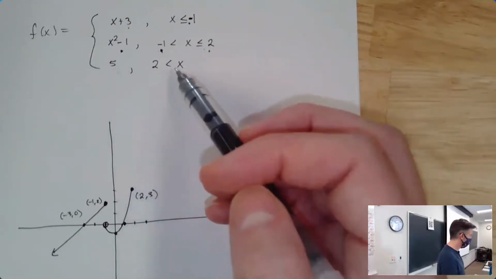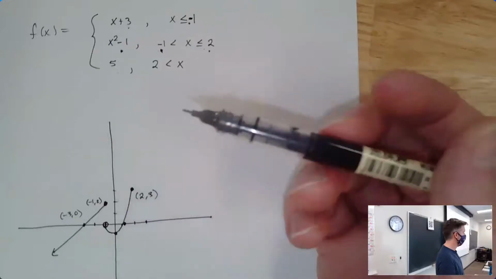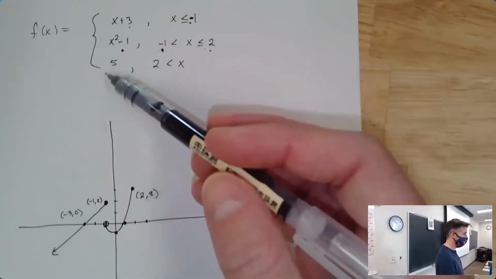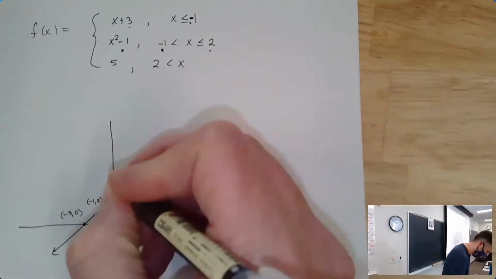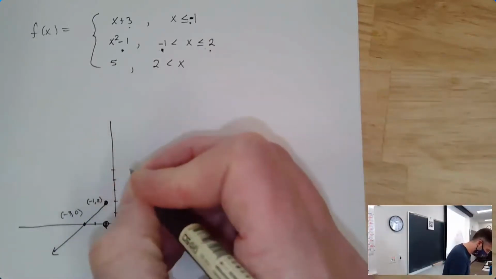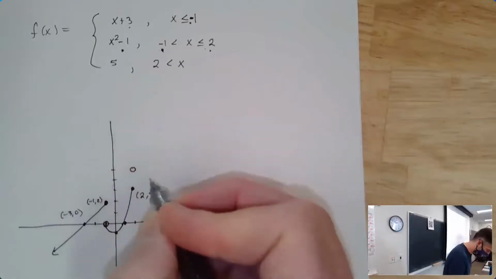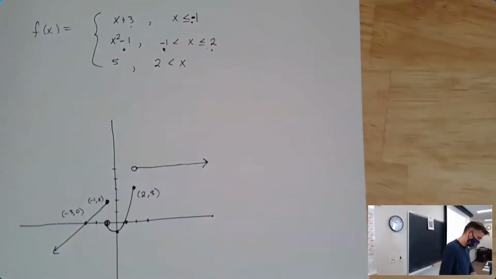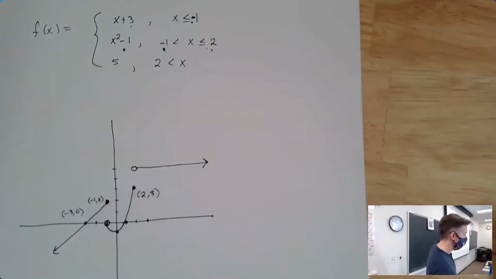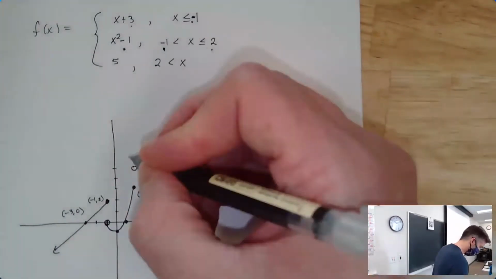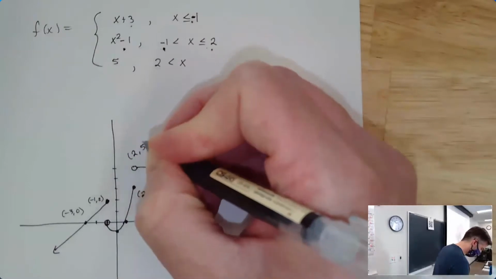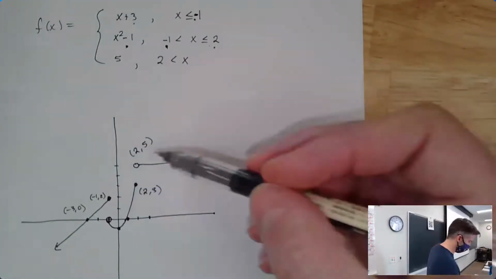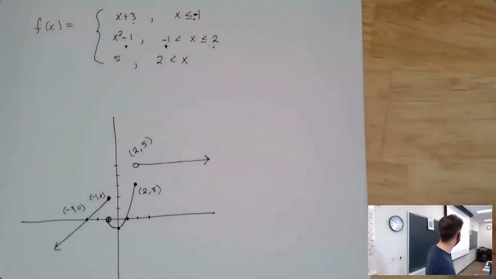If I plugged in x equal to 3 or 4 or 7 or a billion, the thing I'm always getting out is 5. There's nowhere to put the x. So what's happening is we have a constant function, and it looks like just a horizontal line. We almost get the point (2, 5), but not quite, because x can't actually ever equal 2 on this piece of the function.